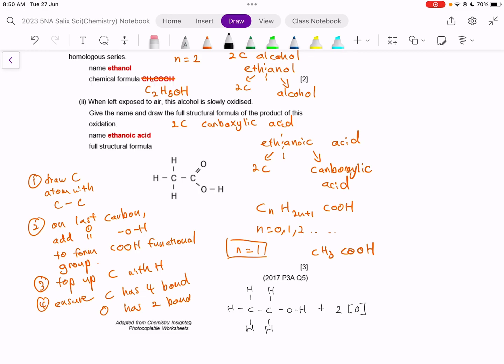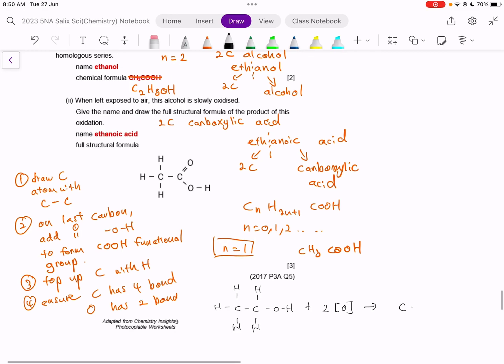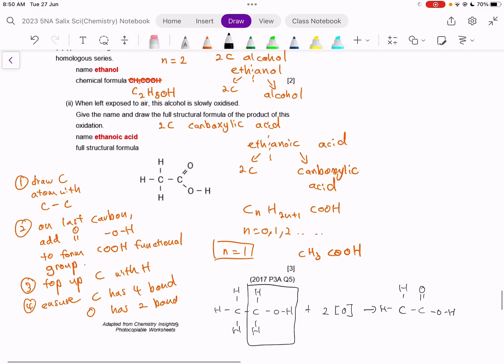So with that, there is no change in carbon atoms. You just focus on this part, then you change to this ethanoic acid, and then there's an H2O.